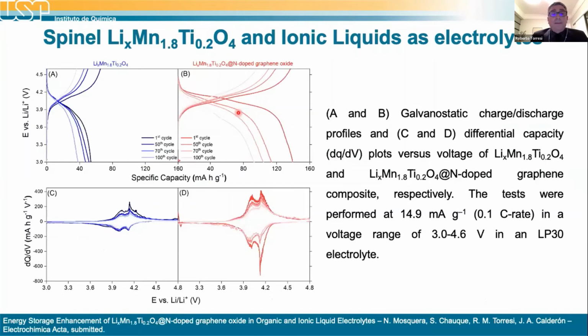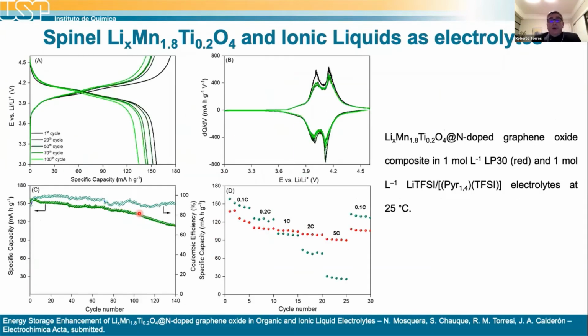And here is the curve for the organic commercial electrolyte. It is only to show how it's better to use this graphene with the spinel electrode, and the differential charge by potential shows that they have different positions in both cases for the intercalation of lithium.